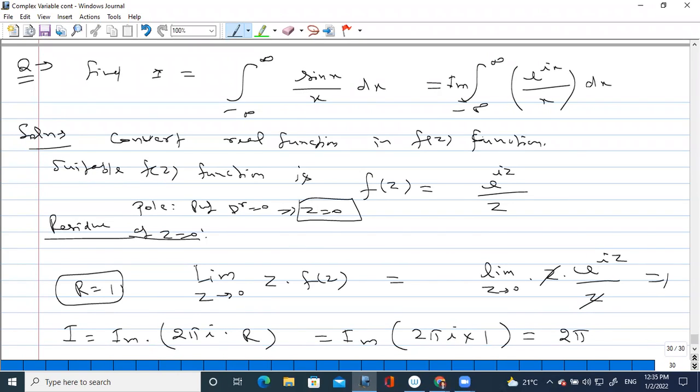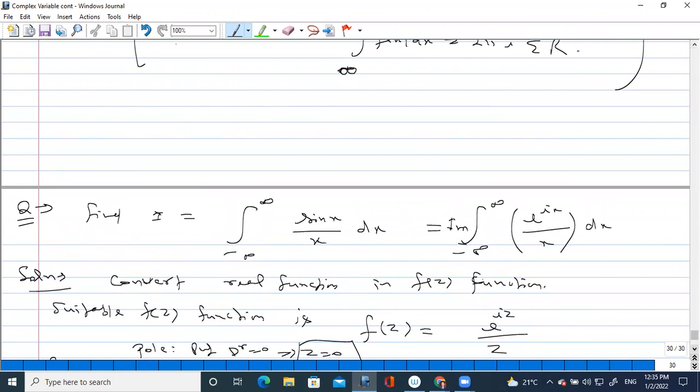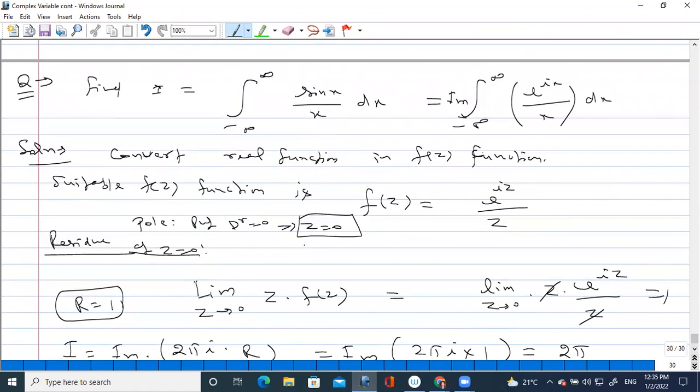Sorry. Our pole is at z equal to 0. That also we have to check now. For this kind of thing, the pole is on the real axis. This is our pole, z equal to 0, and it is on the real axis.